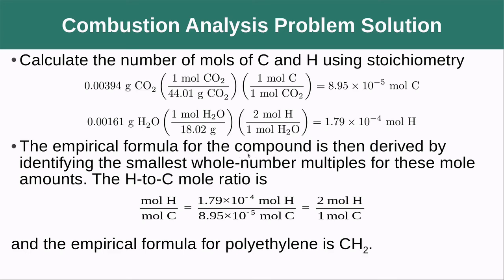The empirical formula for the compound is then derived by identifying the smallest whole number multiples for these mole amounts. What is the H to C mole ratio? Just like we did before, we're going to divide by the smaller of these two values, and we see that there is a 2-to-1 hydrogen to carbon ratio. Plugging that into our original formula, we get CH2 for the empirical formula.